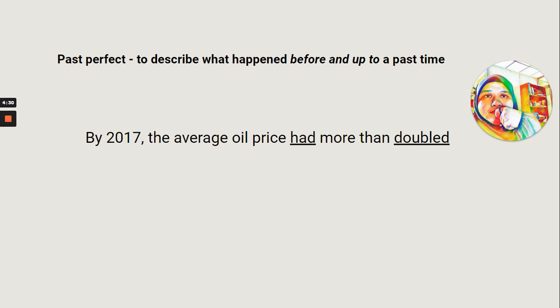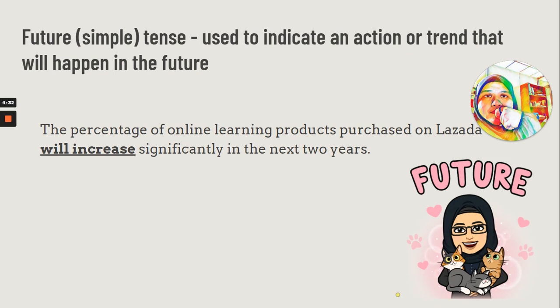And then lastly, we have the future simple tense, which functions to indicate an action or trend that will happen in the future. Especially when you get the data and you see that the year or the date is not happening yet, then definitely for that particular description of data, you have to use the future tense.